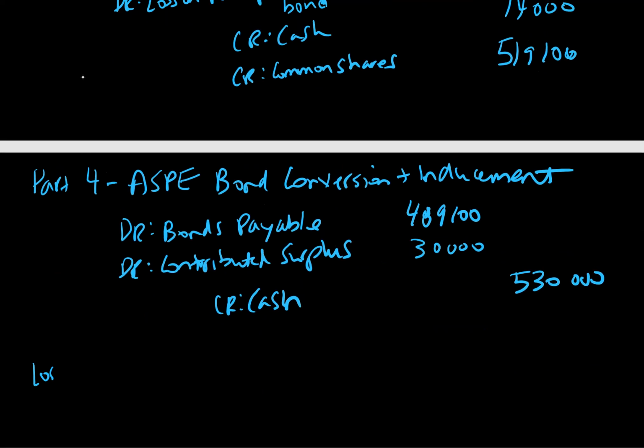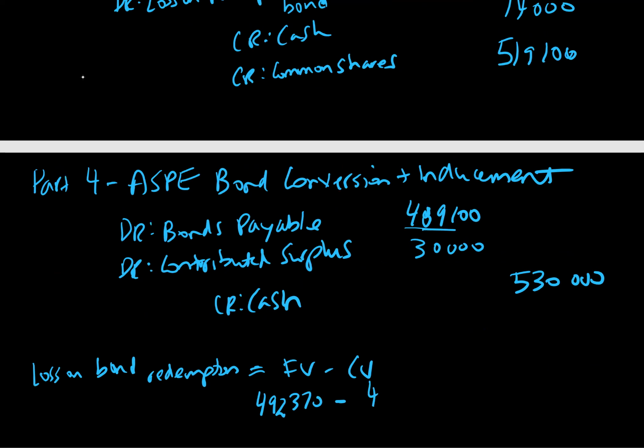So let's take a look at what the loss on the bonds is going to be. Loss on bond redemption, make sure I leave enough room to make the journal entry here. It's going to be the fair value of the bond minus the carrying value. The fair value of the bond, we were given this additional information that normally we wouldn't need, 492,370, minus the carrying value, which we know right here, 489,100. So let's just back up for a second.